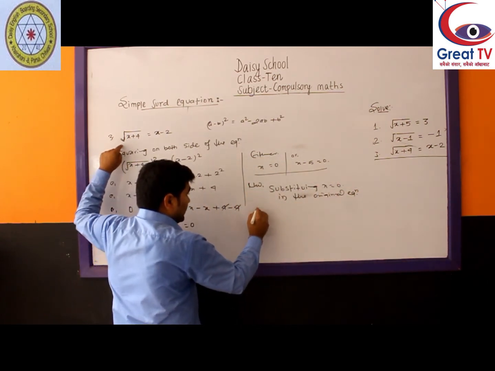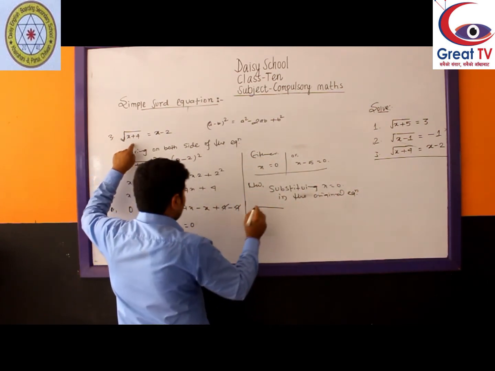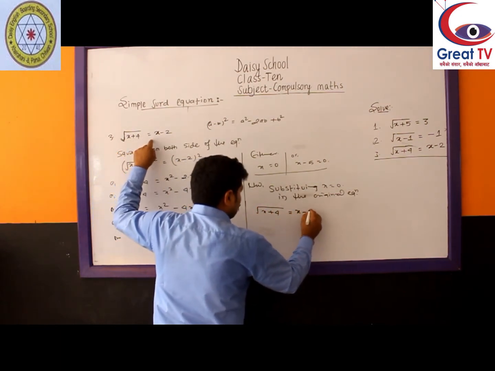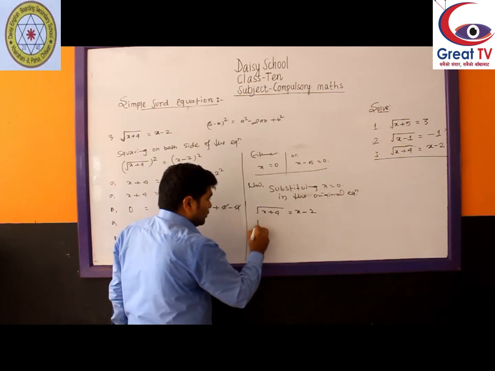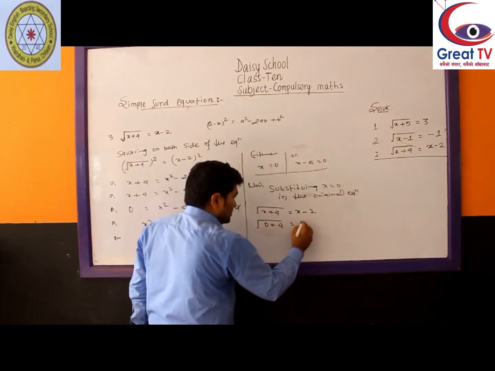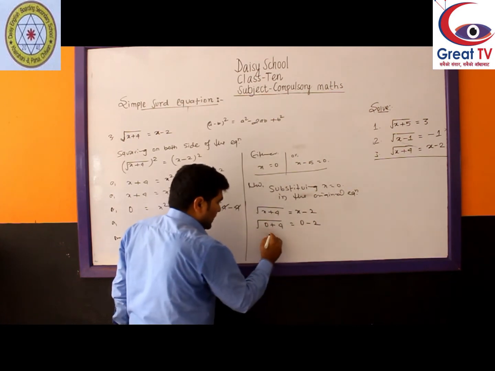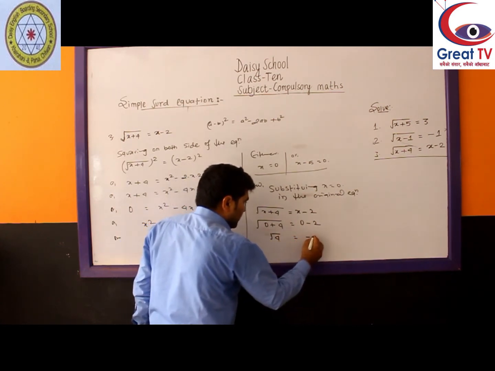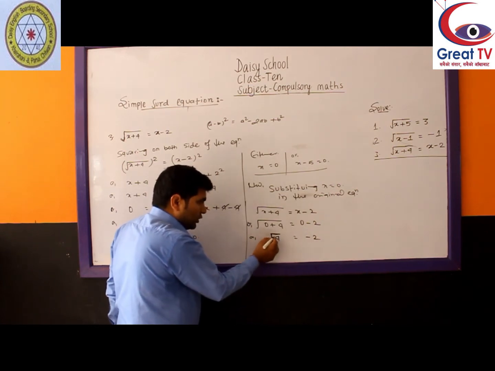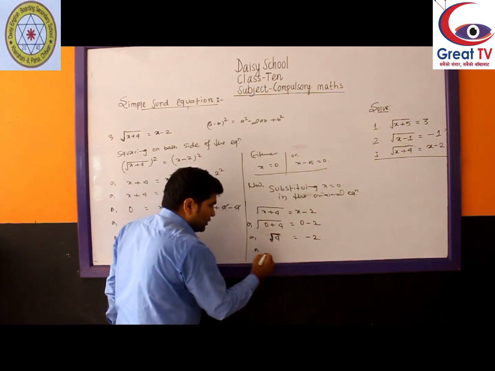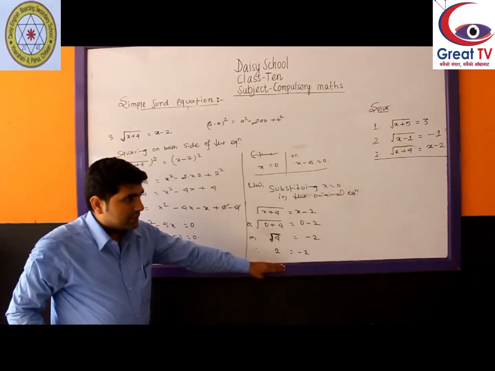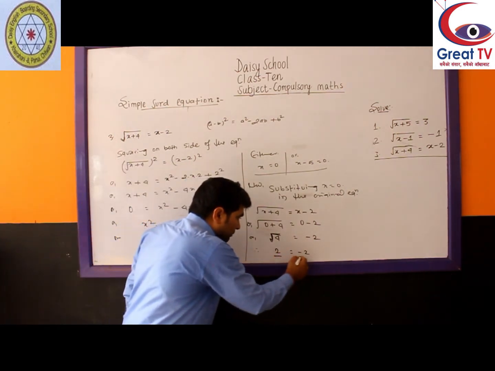Now root under x plus 4 equal to x minus 2: root under 0 plus 4 equal to 0 minus 2, that is root under 4 equal to minus 2. The root of 4 equals 2, so 2 equal to minus 2. Here LHS and RHS are different, 2 and minus 2.